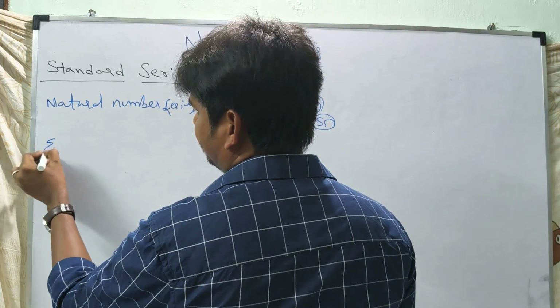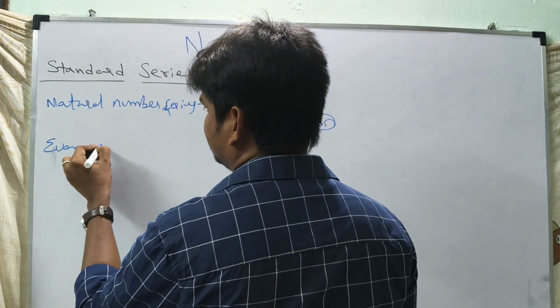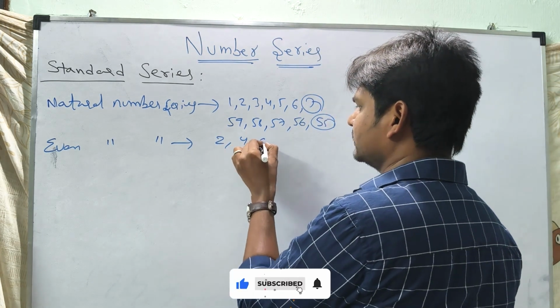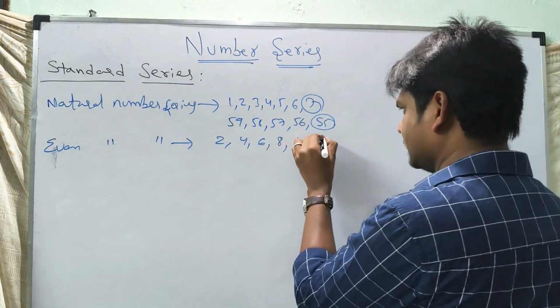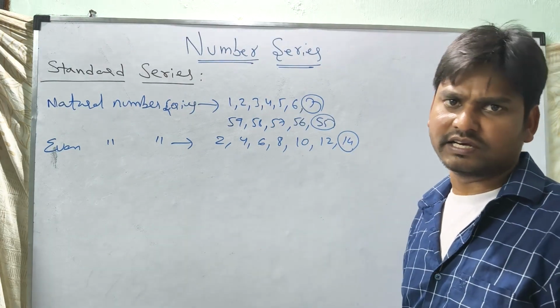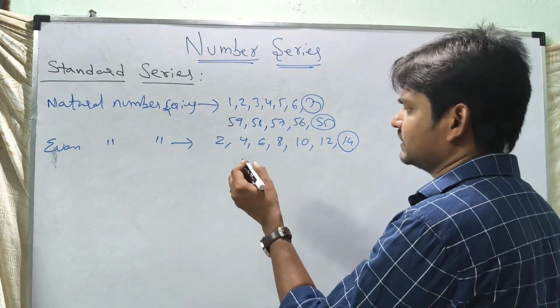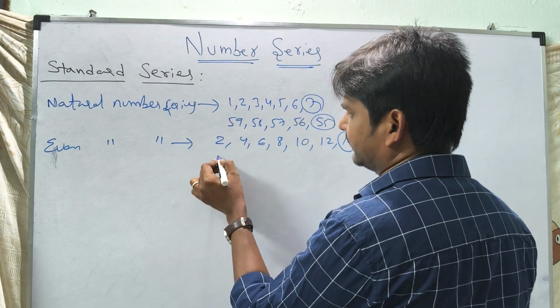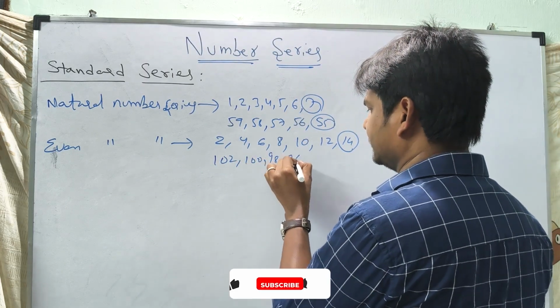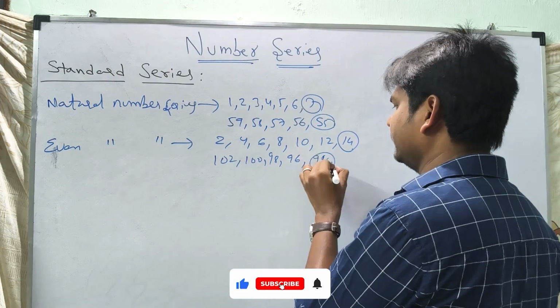Next, even number series. Here see, 2, 4, 6, 8, 10, 12. What is the next term? 14. Here also they may give increasing or decreasing order, like 102, 100, 98, 96. Next would be 94.